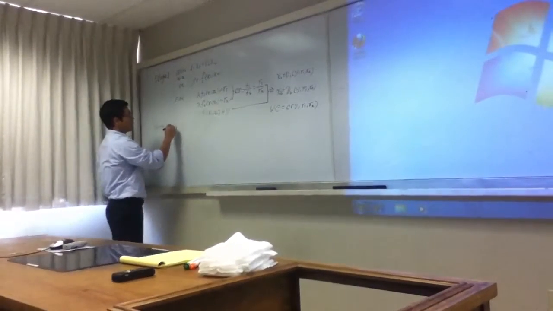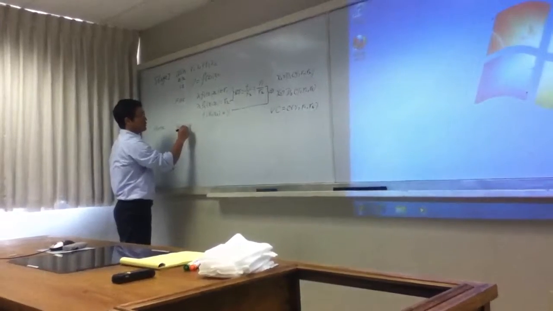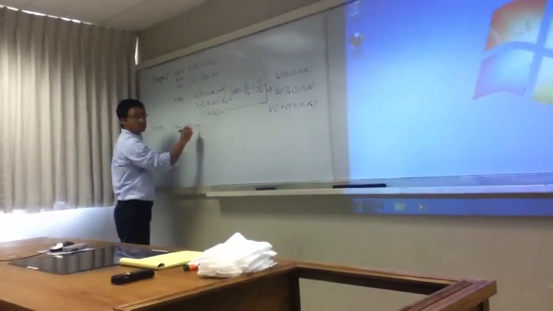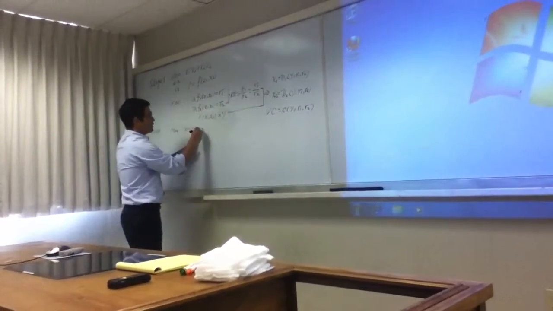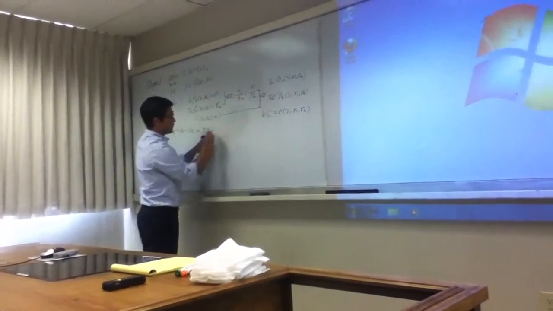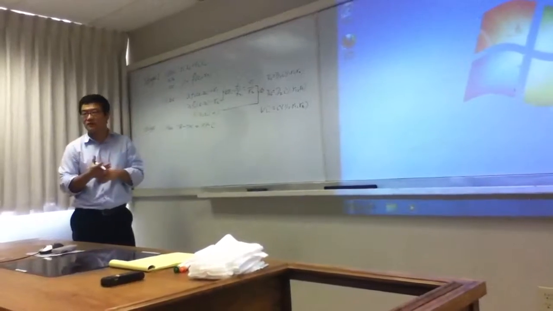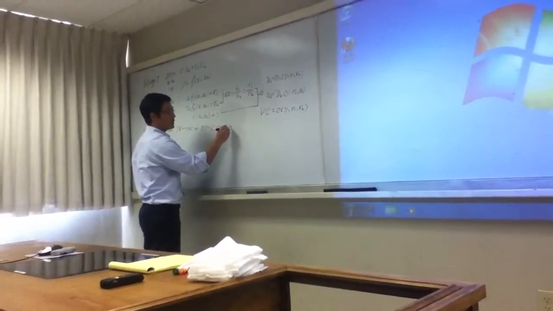And then in stage 2, we're trying to maximize total revenue minus total variable cost. That's profit. So with that, we can write this as Py minus this function, the variable cost we already got here. It's the minimum cost, C of y, r1, r2.